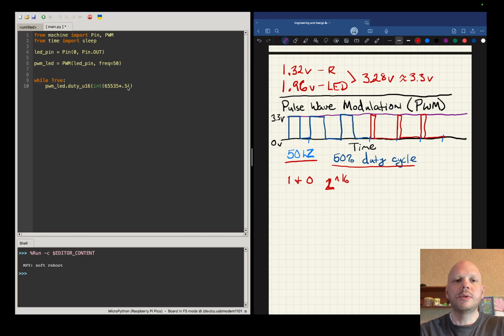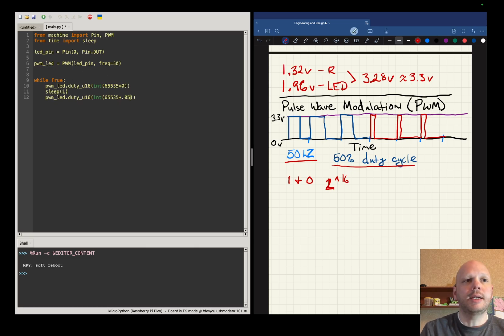We're going to set it to 0. Sleep for a second. And then let's set it to be only 5%, so 0.05. 0.5 would be 50, 0.05 is 5.